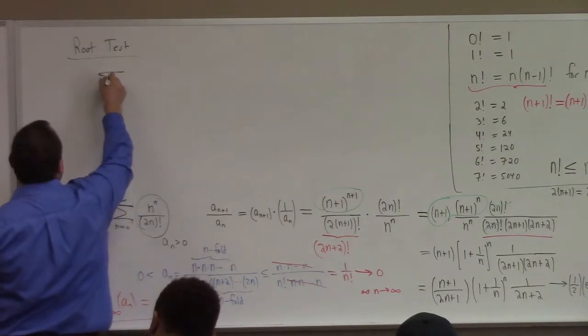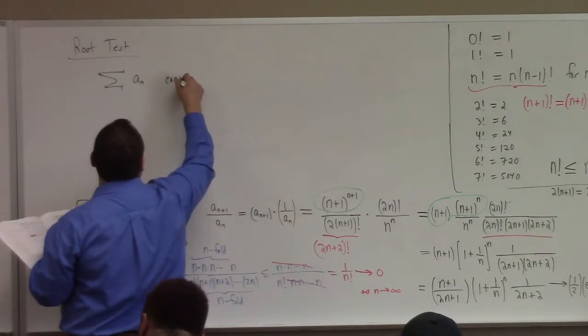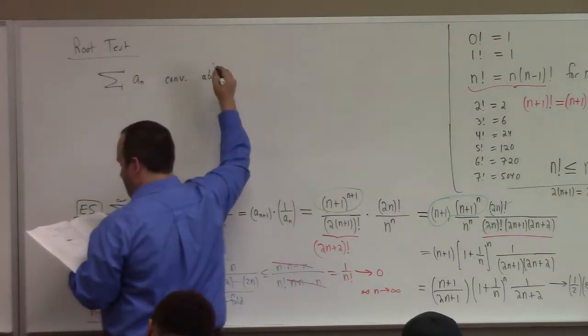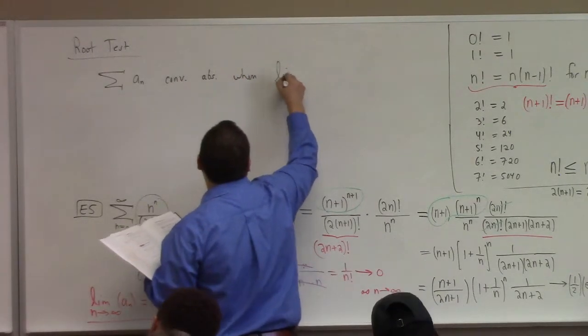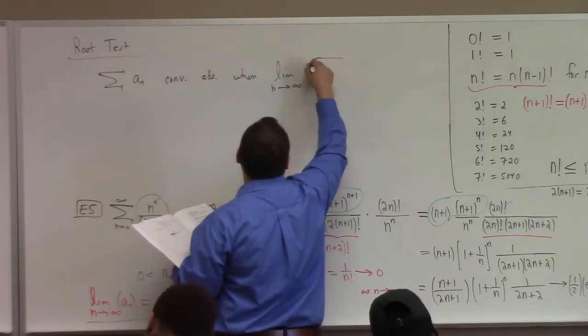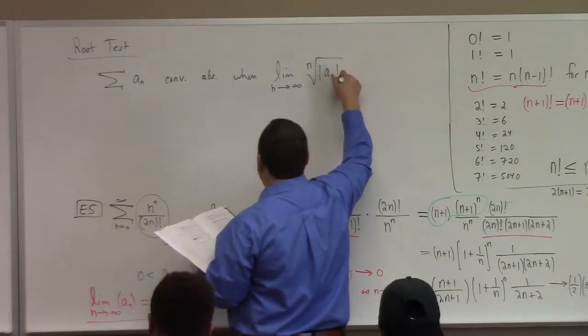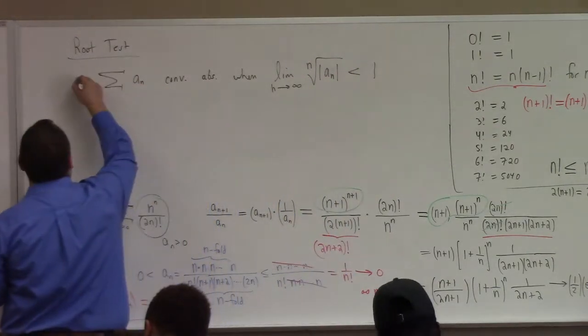So the series a sub n converges absolutely when the limit as n goes to infinity of the nth root of the absolute value of a sub n is less than 1. That's number one.